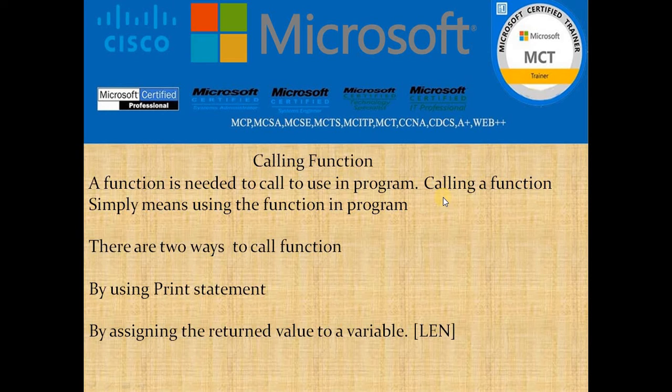Number one, by using the print statement, and number two, by assigning the return value to a variable. The suitable example I can give here is the LEN statement. If you remember, the LEN statement is used to count the length of the characters supplied by the user. So we return the value assigned with the help of the LEN statement. Once again, there are two ways through which you need to call a function.